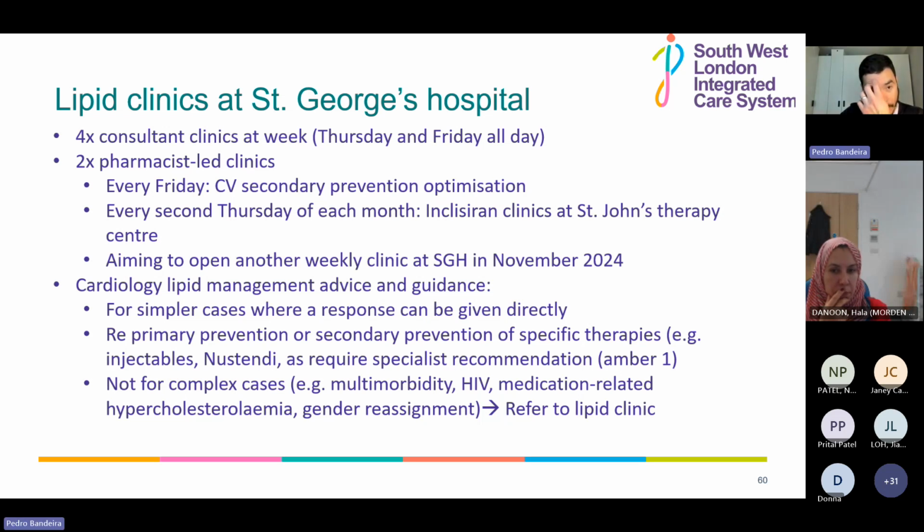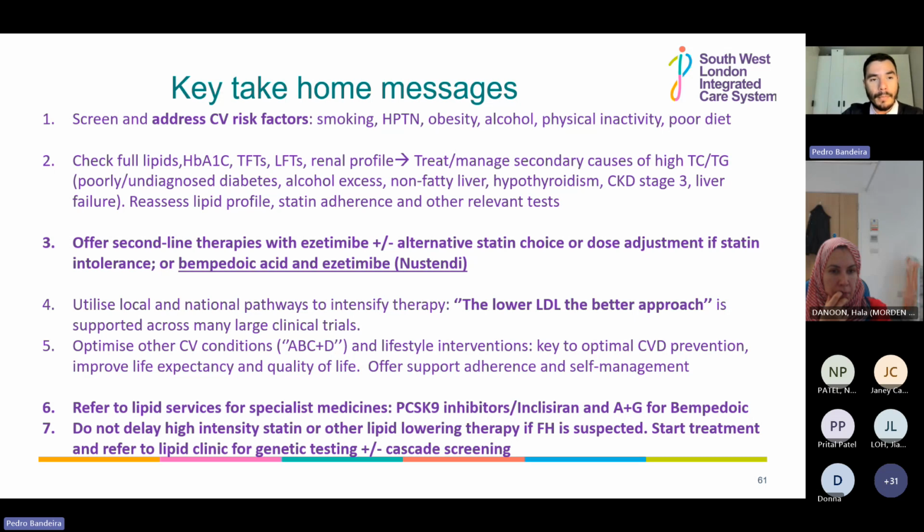I'll just skip through this. Just information about our clinics, and just to summarize, the key take-home message here is that lipid optimization on its own is not effective. It's important to address all the cardiovascular risk factors, as we mentioned, including high cholesterol, obesity, alcohol, and smoking.